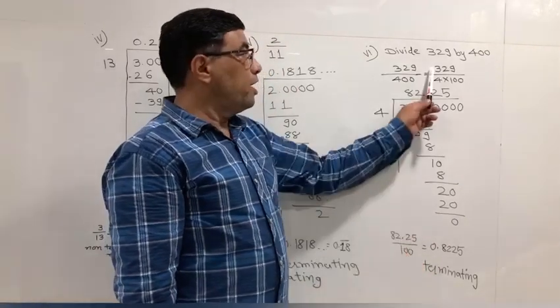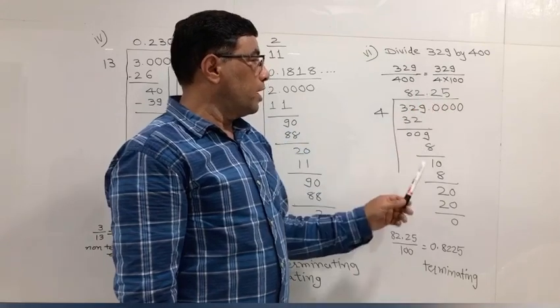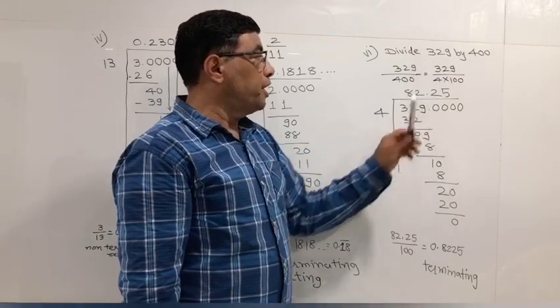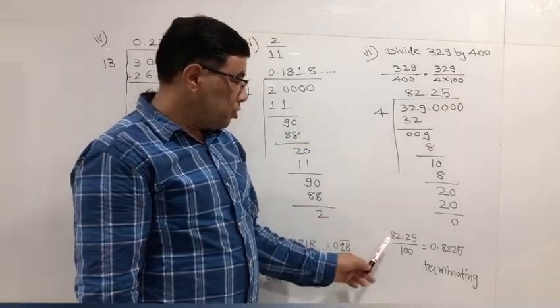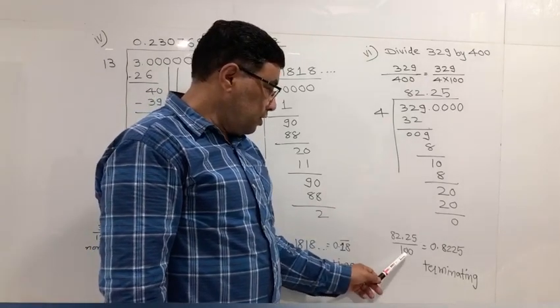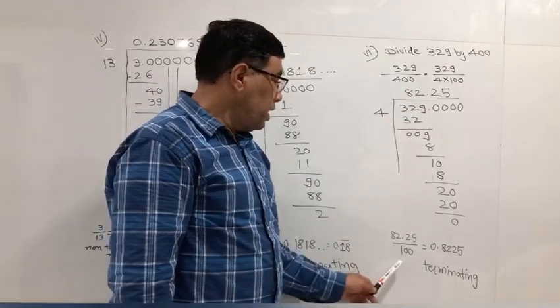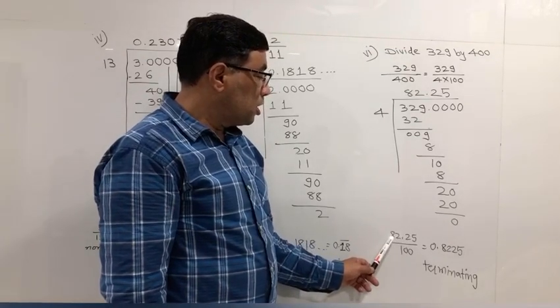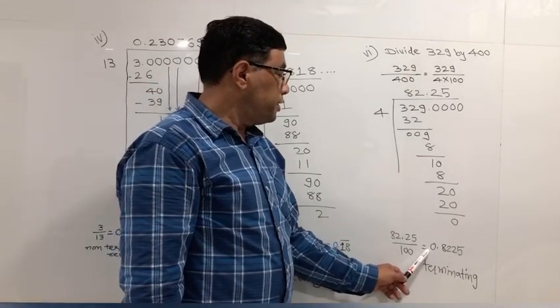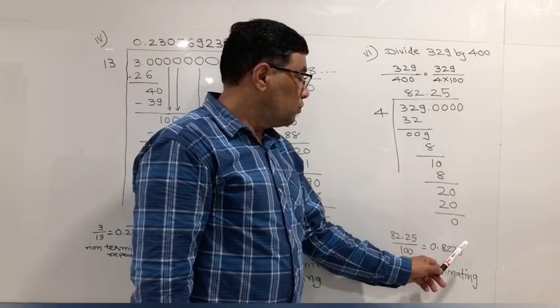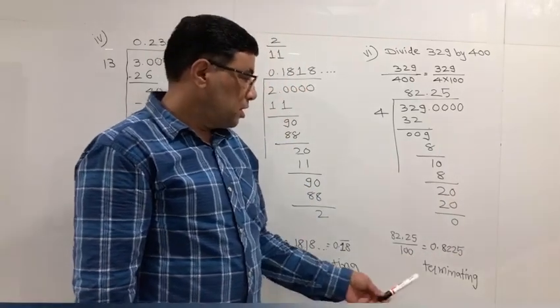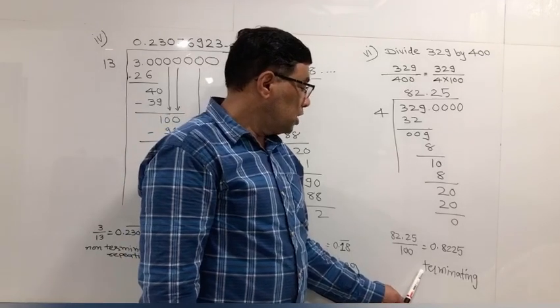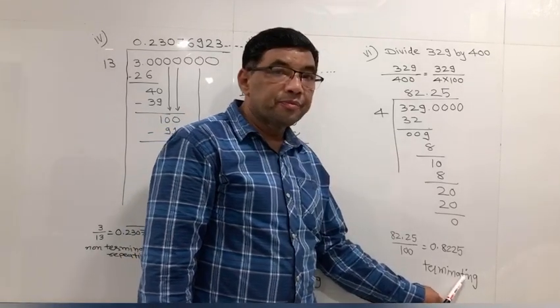So when we divide 329 by 4, we get the answer 82.25. Now 82.25 we have to divide by 100, and so the point moves two digits, and 0.8225 is the answer. And so it is terminating.